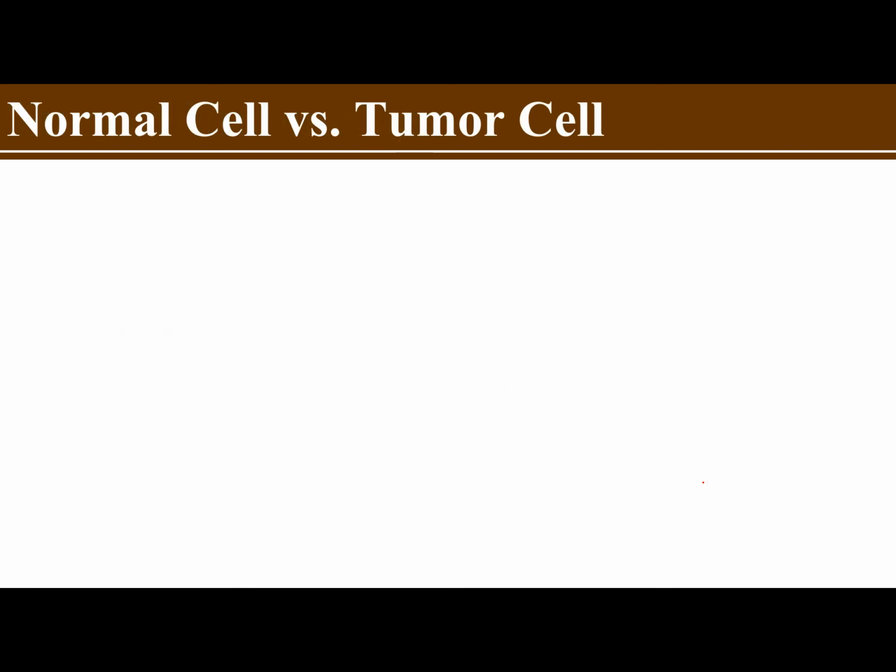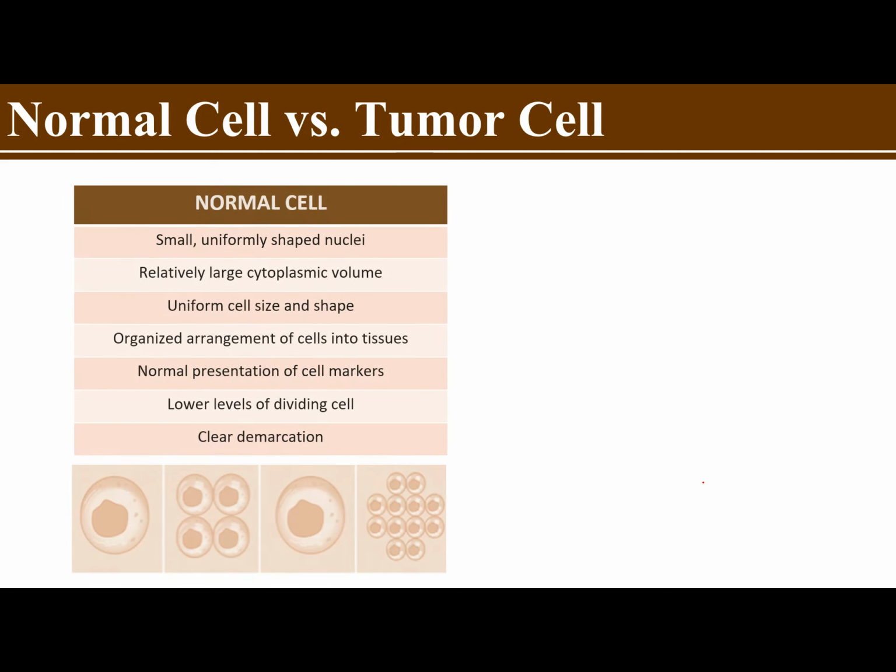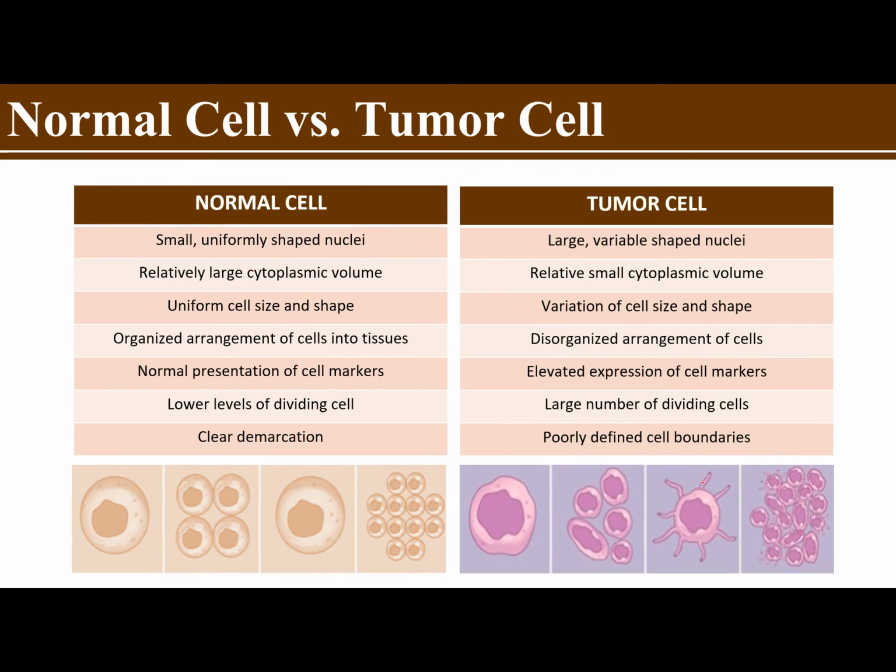Now, how would you differentiate a normal cell versus a tumor cell, class? So please take note of the difference. In a normal cell, the size would typically be small. They have uniform and shaped nuclei.